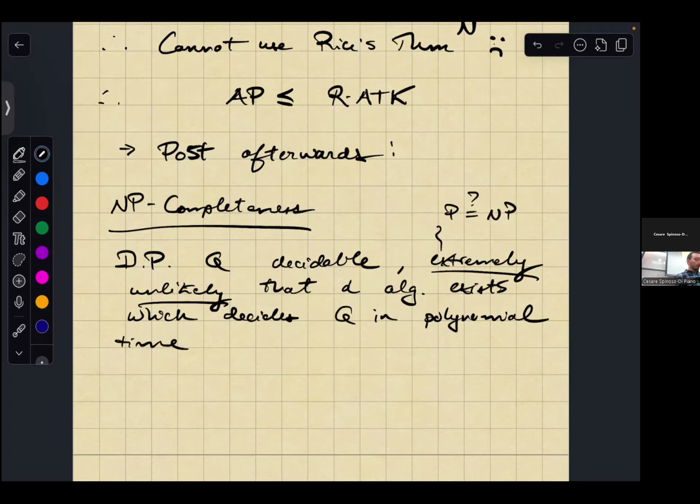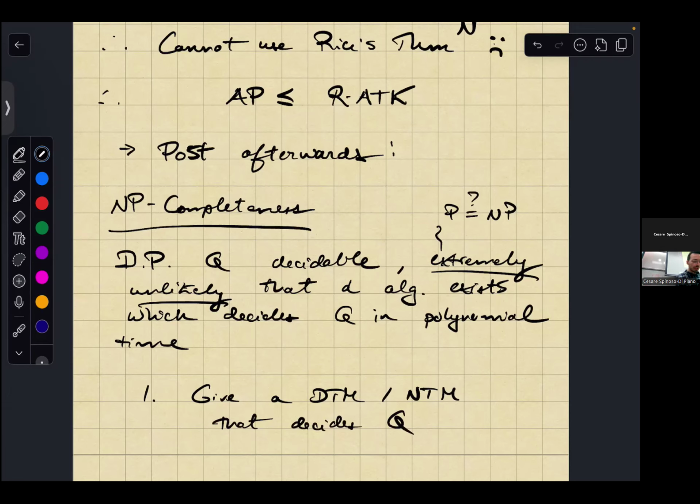Okay. So the typical questions that you can be given in these types of NP complete exercises is, essentially, just give a deterministic Turing machine or a non-deterministic Turing machine that decides Q, like I did in tutorial 12.